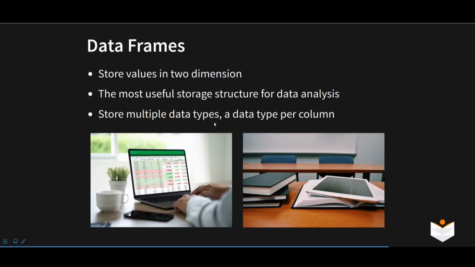This is because they can store different types of data, not just a single data type like matrices or atomic vectors. And the way they do this is to store a single data type in a column. So you store a single data type in a column, in another column, you store another data type.